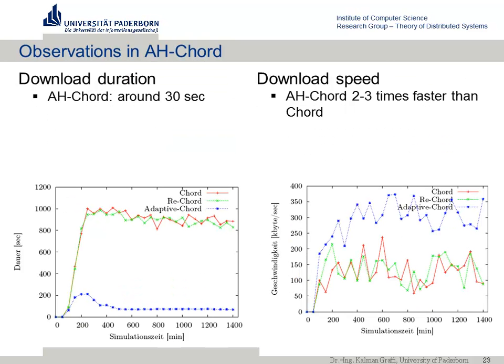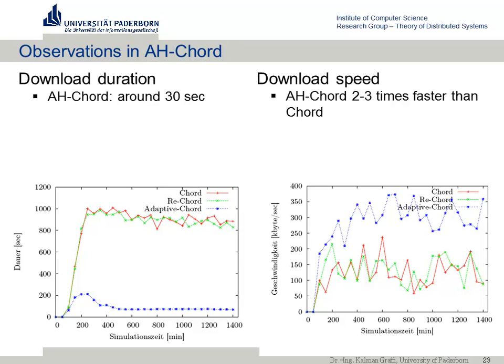If you look at the download duration, shown in the left figure, you can see that it's much faster than Chord. This is because very popular documents are very frequently requested, and if you put them on a very strong peer which can support all of the requests, then you have a fast transmission and you don't have any bottlenecks, while in Chord you still have the bottlenecks.